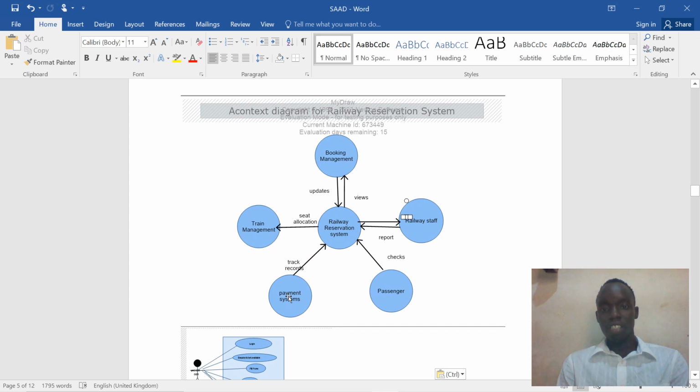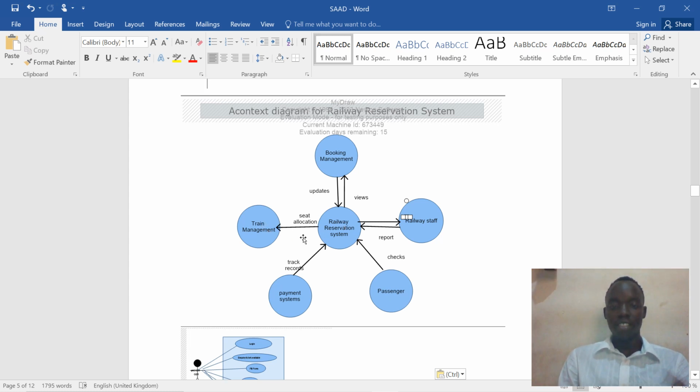I have here a context diagram showing how my system will interact with some other systems and actors. Railway staff report to the system. Booking management updates the system on who has booked and what. Then the system reviews those people, like the passengers.